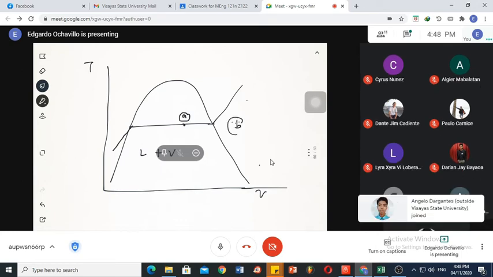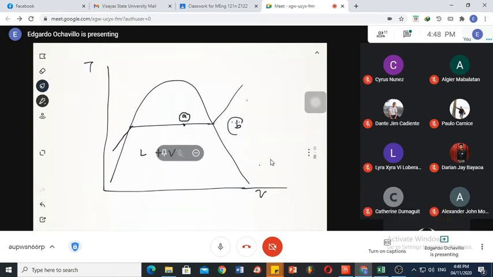If it is subcooled or compressed, it is in this location. Based on our calculation, this is a superheated one.